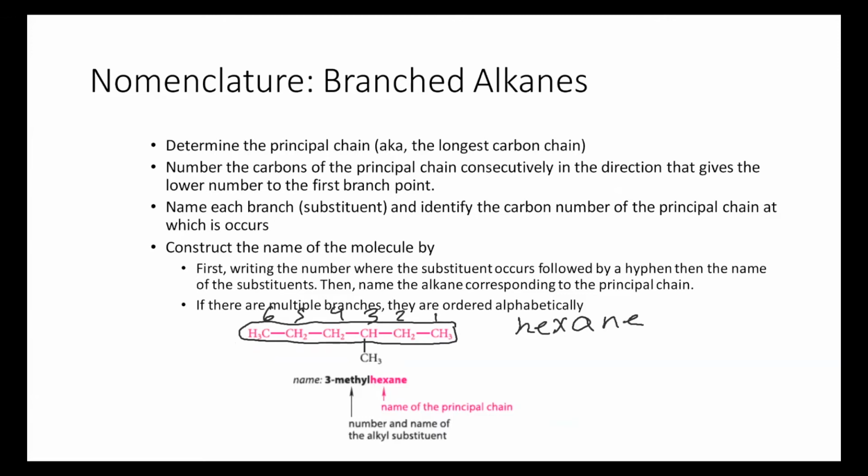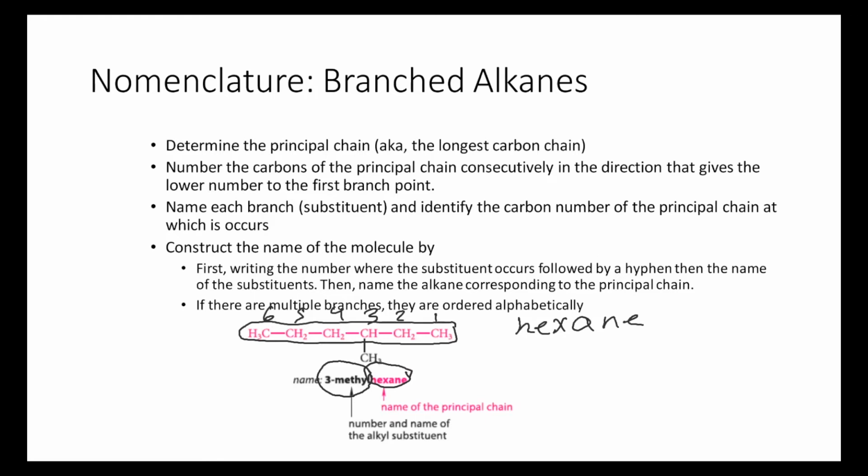What you're going to do is add the substituent name and number in front of the principal chain, which is hexane. So this is going to be 3-methylhexane. So we already finished naming this molecule.